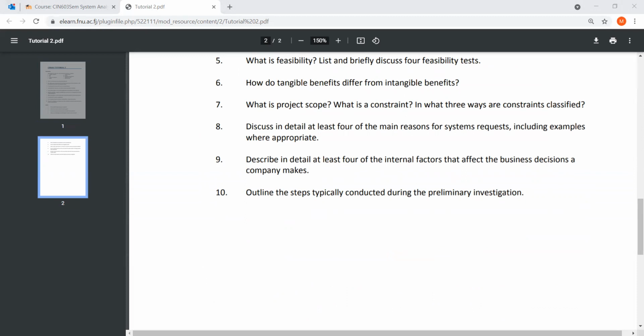Improved service is aimed at improving service to customers or users within the company.